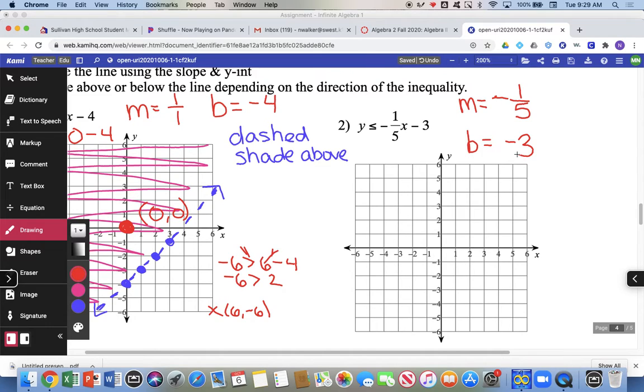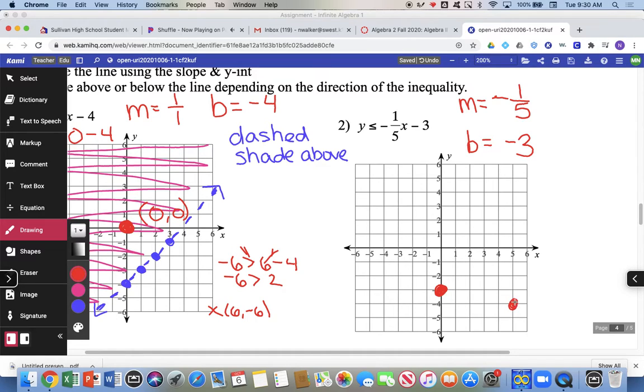All right, so if I want to make this line, I would start at negative 3. And then if it is negative 1/5, do I go up 1 or down 1? All right, down 1 took care of the negative, so then I go over 1, 2, 3, 4, 5.